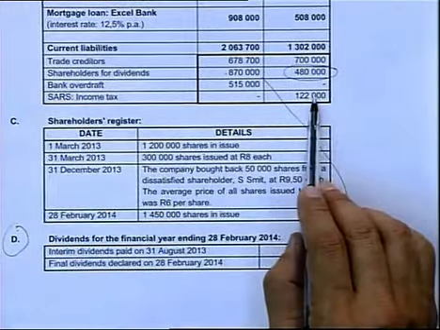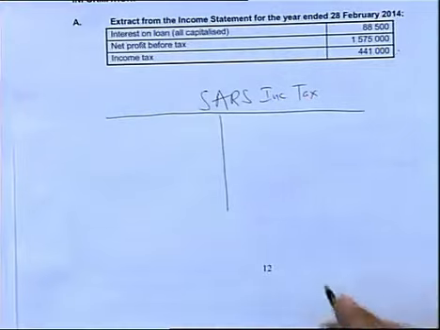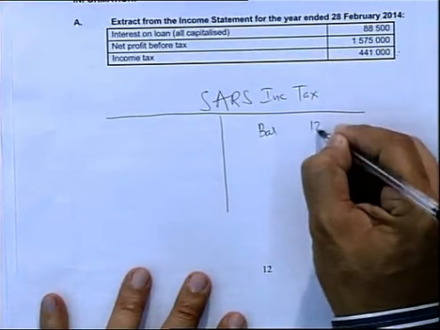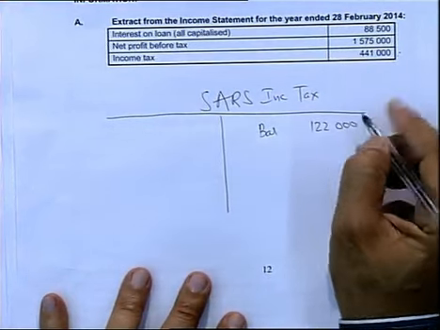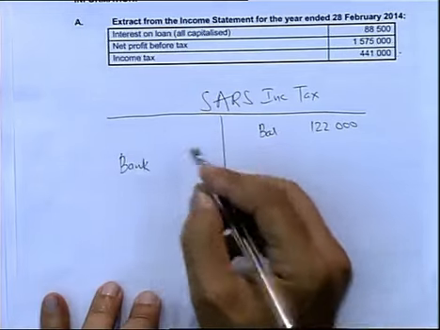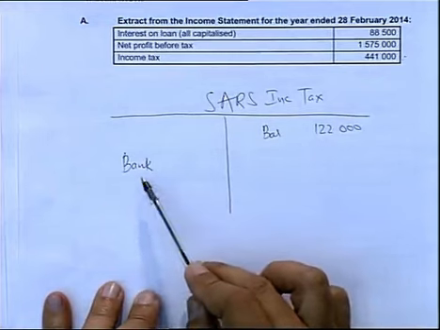There it is. It was under the payables, meaning the opening balance was a credit. It was 122,000. Okay. Now what I want to calculate is how much tax was paid. In other words, the bank figure on the debit side, that is how much tax was paid.